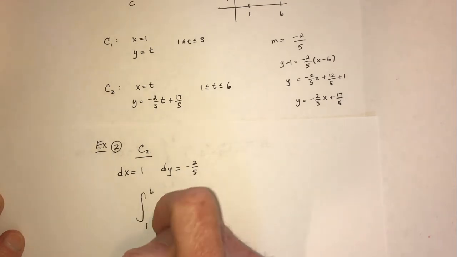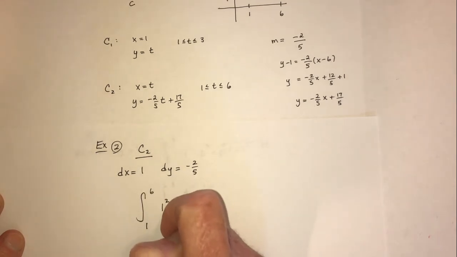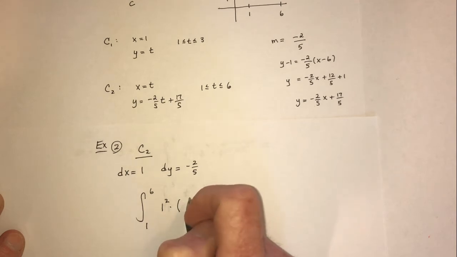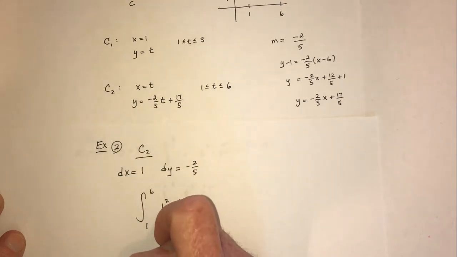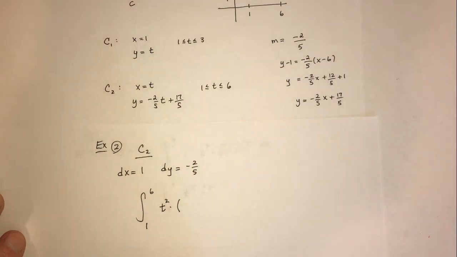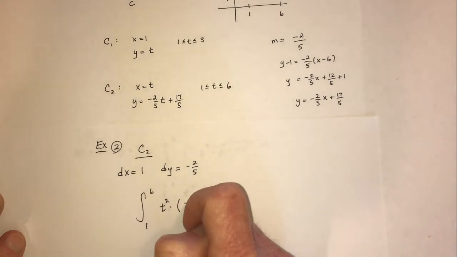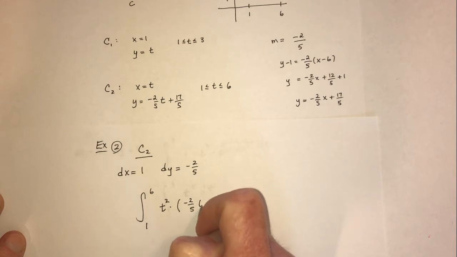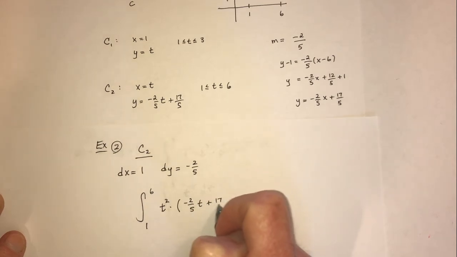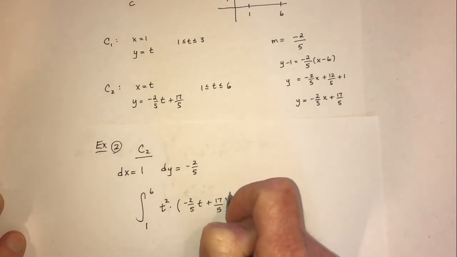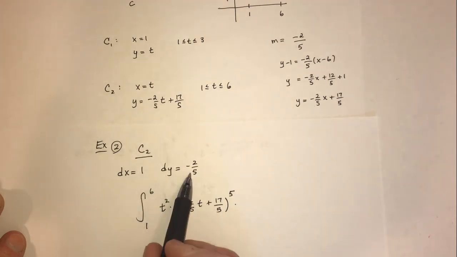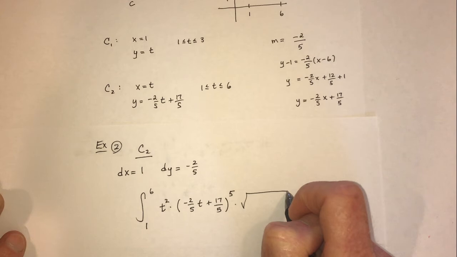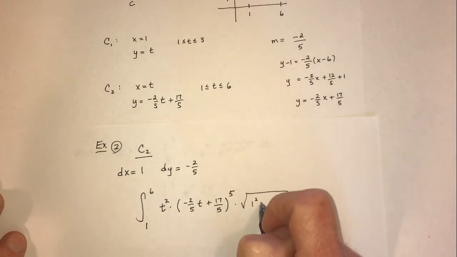And then the x gets squared, and, oops, I meant to put t. The x gets squared, and the y is raised to the 5th. And then we need to square each one of these, add them together, and put it inside a square root.